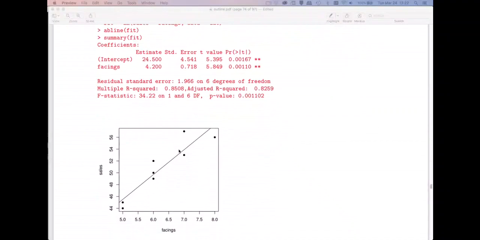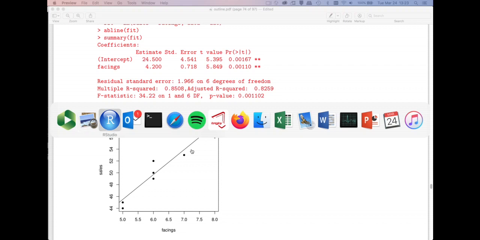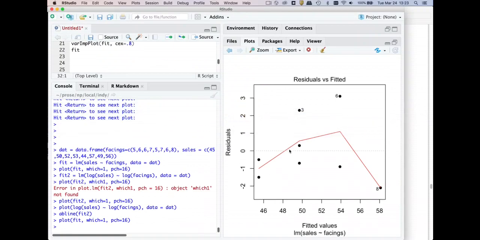When I look at the scatter plot, it doesn't look horrible. You can't say too much with only 8 data points, but I've seen worse fits in my life, let me put it that way. If you were to generate a residual plot, which I did in R, you're going to notice a few things.